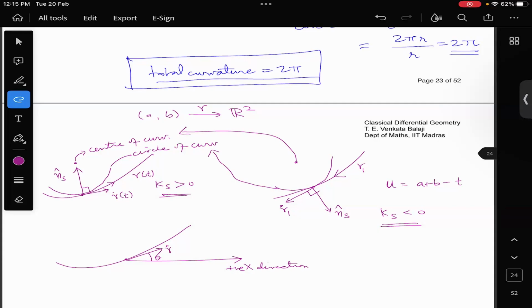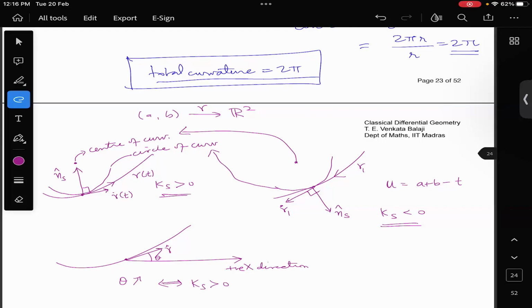If you take it like this, in the case of positive curvature, as you traverse the curve, you see that the angle is increasing. So theta is increasing, and this is going to be captured by the positive curvature.